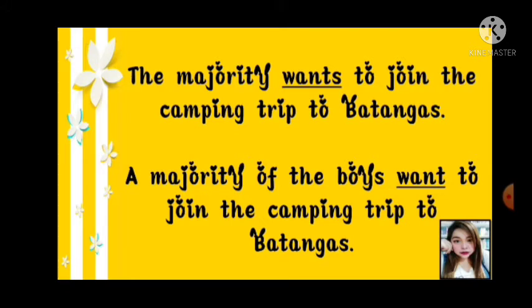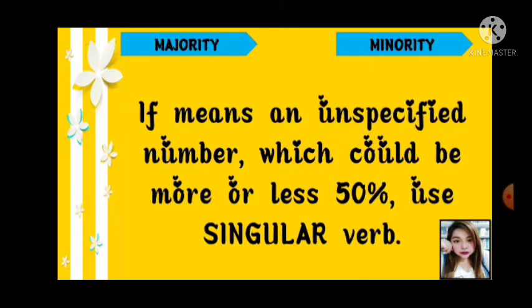But as you can see, in the first sentence the verb, the one that is underlined, is singular in form, and in the second one it is plural in form. But both use the word majority. So when we say majority or minority, it means an unspecified number. It could be more or less 50%.